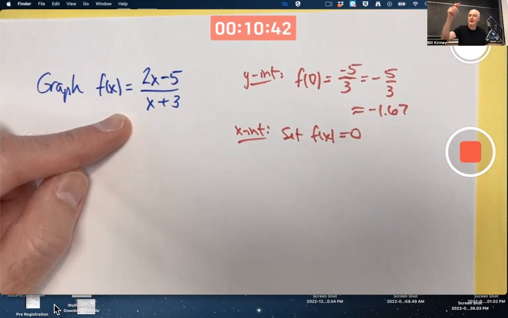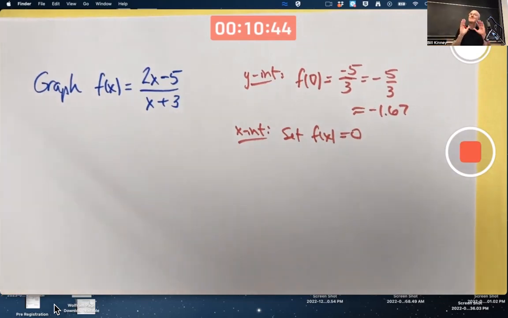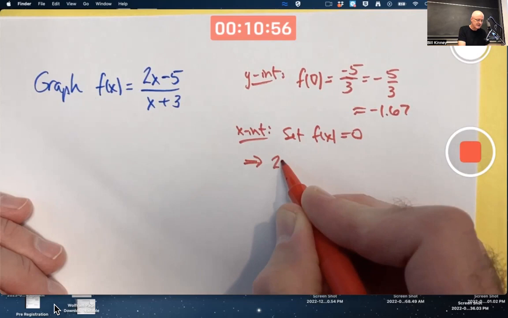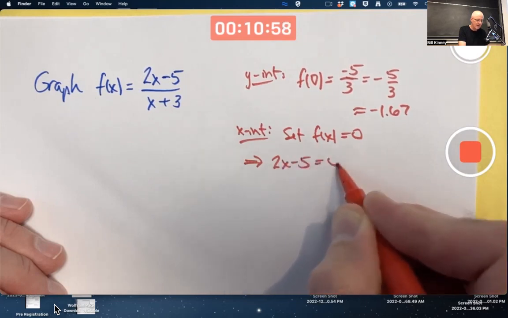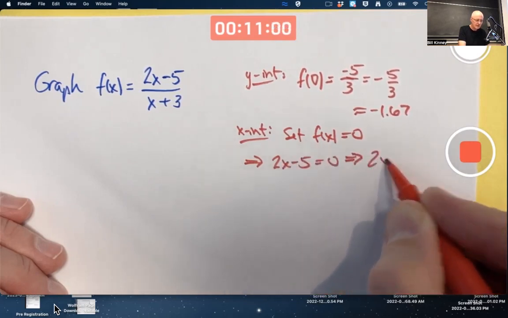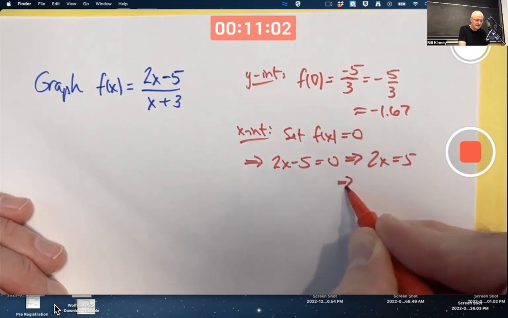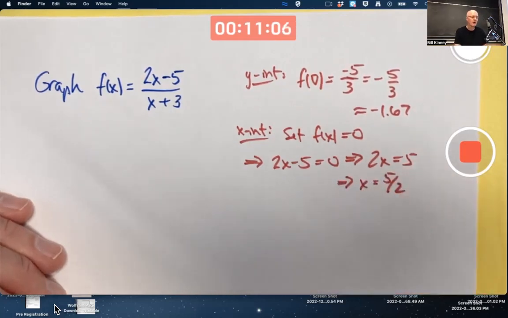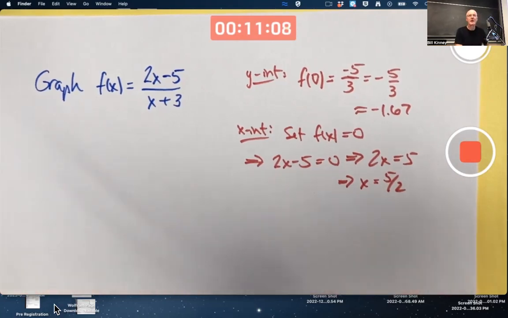Though again, if the top and the bottom are 0 at the same time, it's possible it can be a vertical asymptote. It's also possible it could just be a hole in the graph. It depends on the situation. That's going to imply that the top is 0, 2x minus 5 is 0, which means 2x equals 5, which means x is 5/2.